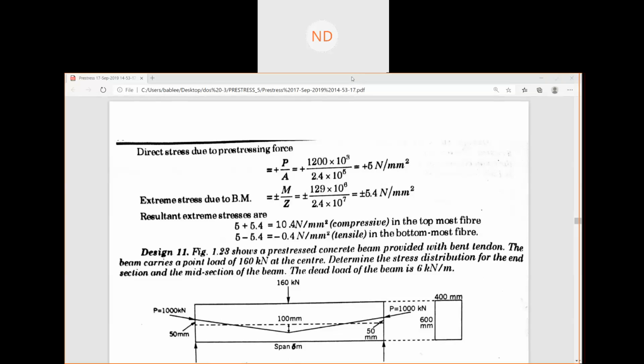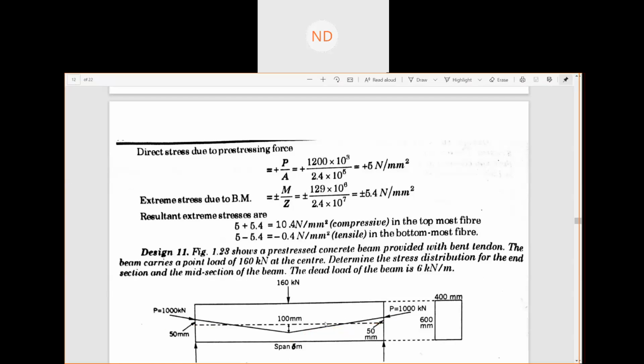You can see, at the end portion there is eccentricity. These are your eccentricities. Earlier in the previous question, your bend tendon was till the CG of the concrete section.